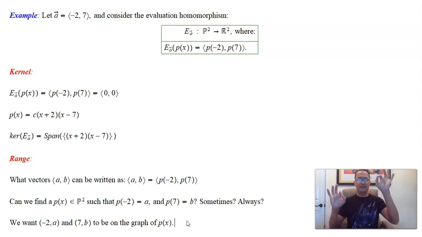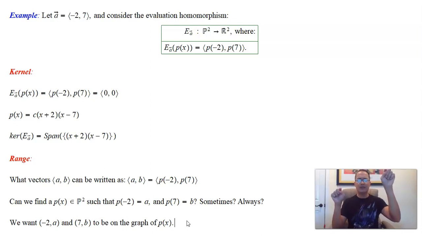And A and B, maybe they have to be special, maybe not. So here's -2, maybe A is up here. Here's 7, maybe B is down here. Is there a polynomial of degree at most 2 that has these 2 points on its graph?